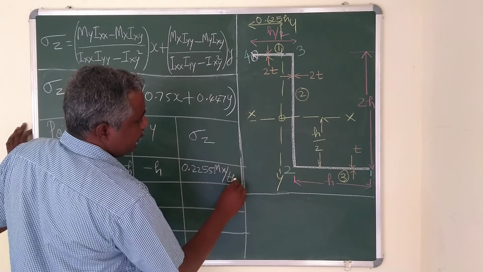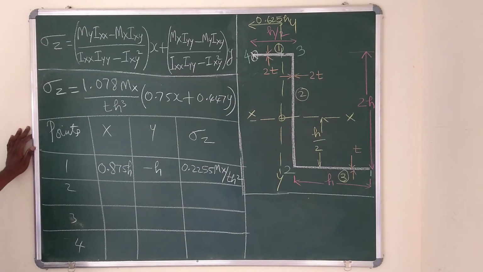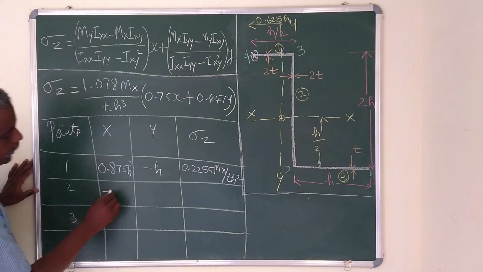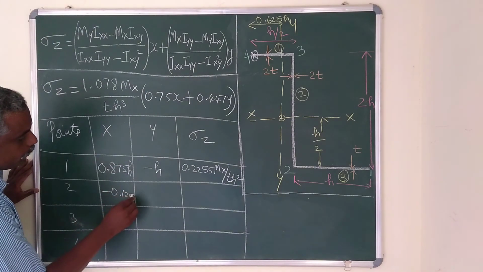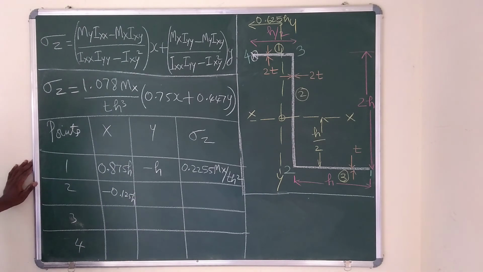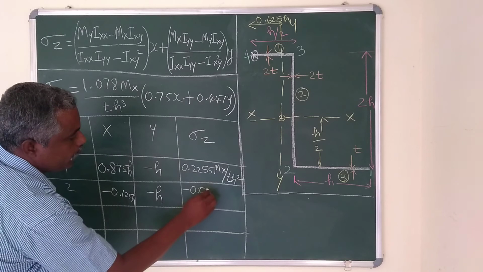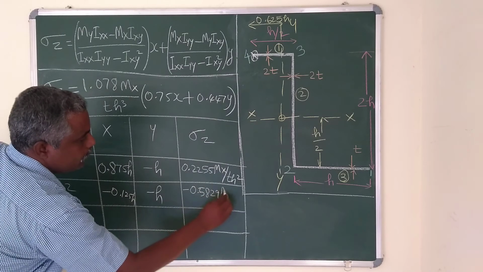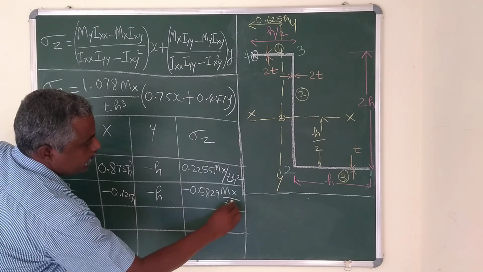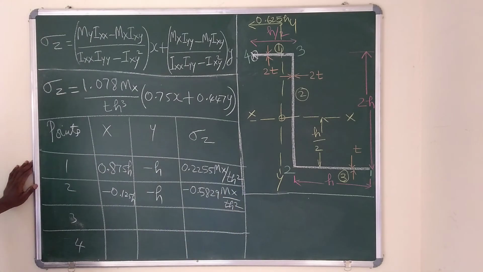Similarly, for point 2, x is minus 0.125h and y is minus h, and this comes out to be minus 0.5829 Mx divided by th square.